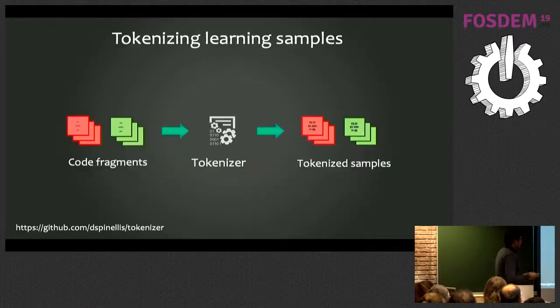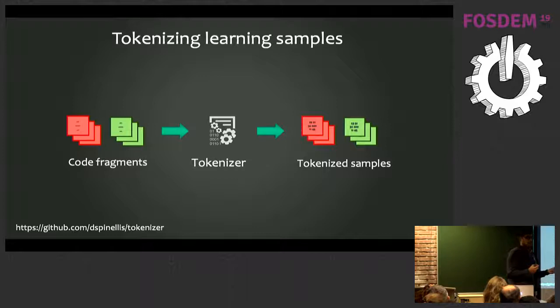After that, we use Tokenizer. What tokenizer does basically is take a code fragment and convert it into a set of integer tokens. And in that context, there are two important things to mention.